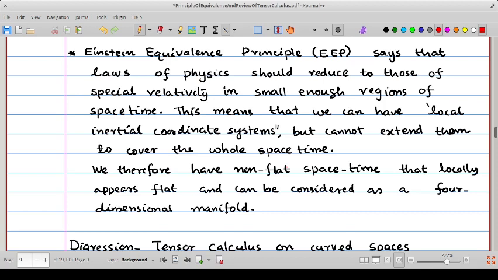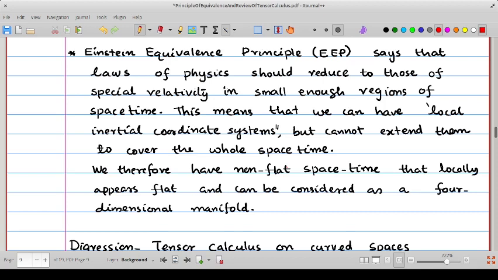But if we move away from this point, these inertial coordinate systems are no longer valid. So that means we have a situation corresponding to the space-time where we can construct local inertial coordinate systems which we cannot use globally, whereas in the case of special relativity we could construct global inertial coordinate systems, and the space-time there in the special theory of relativity was found to be flat. But here we cannot construct a global coordinate system, but we can have local inertial coordinate systems.